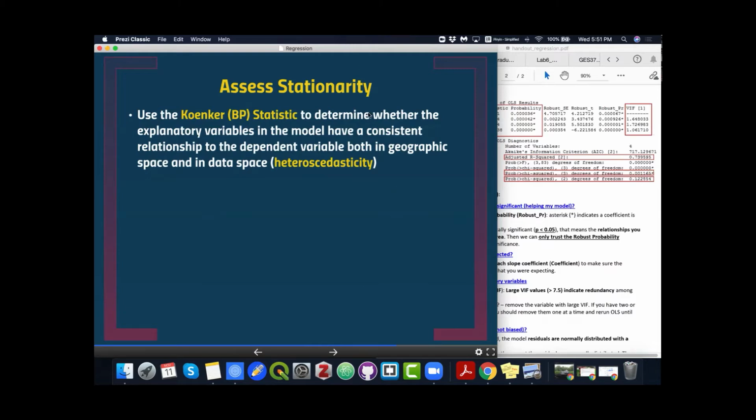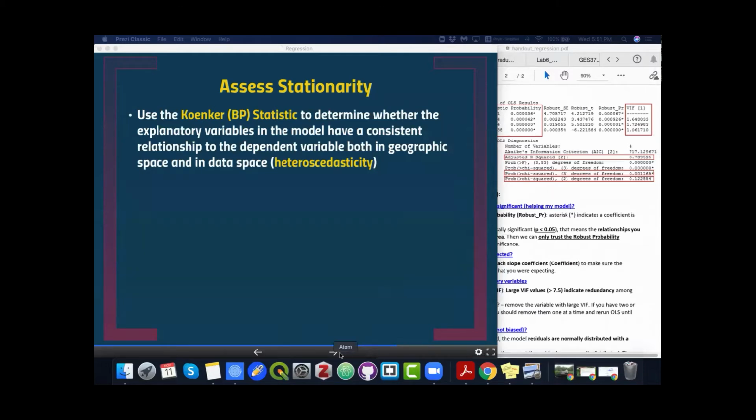So whenever we're dealing with spatial data, ArcGIS will report a Koenker or BP statistic, which is the statistic we can use to help determine whether your relationship is stationary across the whole study area. In other words, you're looking at the Koenker statistic to determine whether the coefficients or the variables may change across your study area.